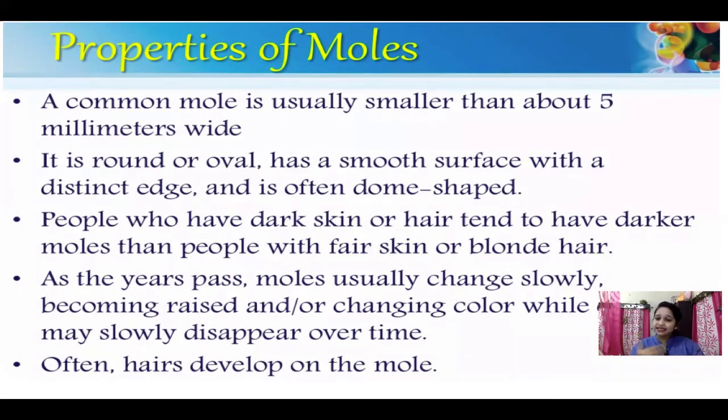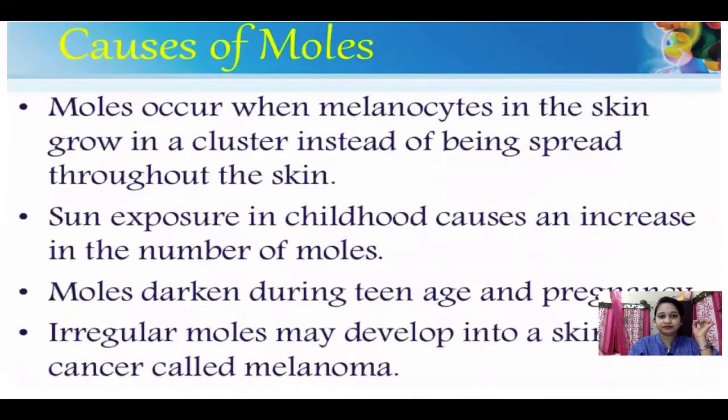As the years pass, we see that moles usually change, sometimes becoming raised and changing color, while they may also disappear over time. But usually there are two types. I'll go on to the next slide: the congenital one usually remains and does not do much harm, but sometimes hair also develops over the moles.